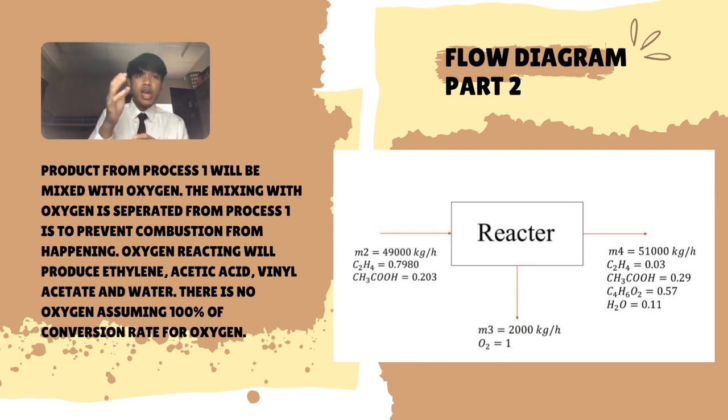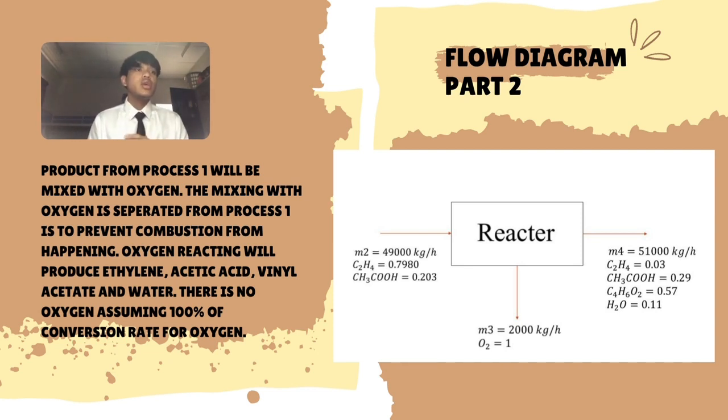So M2, which is the mass flow rate for acetic acid and ethylene, is 49,000 kg per hour with a fraction of 0.798 for ethylene and 0.203 for acetic acid. It will be reacting with oxygen with a flow rate of 2,000 kg per hour with a fraction of 1 mole.